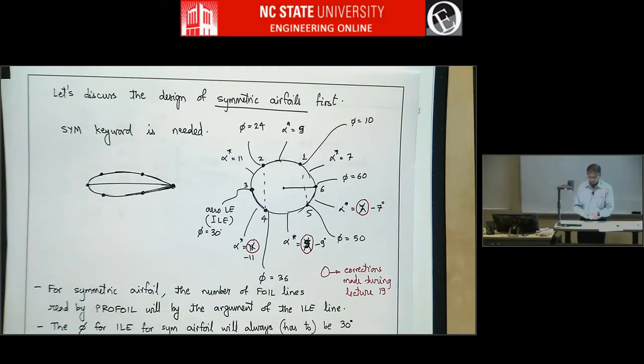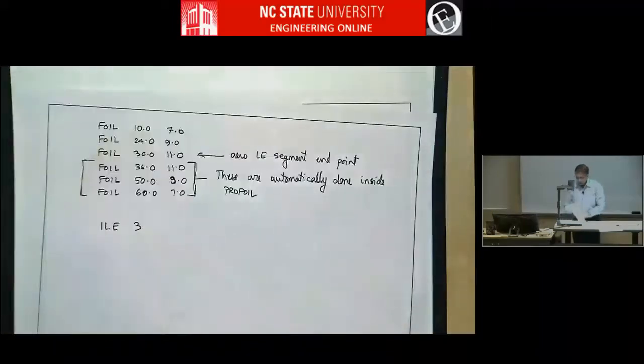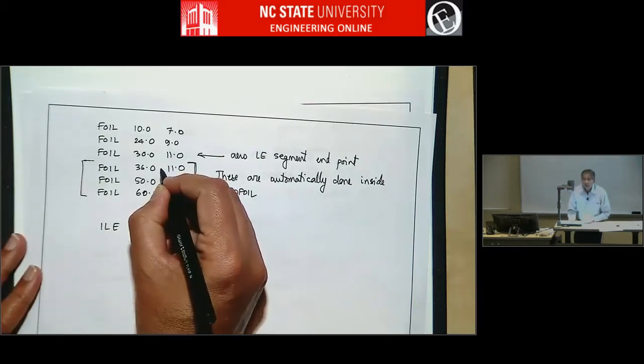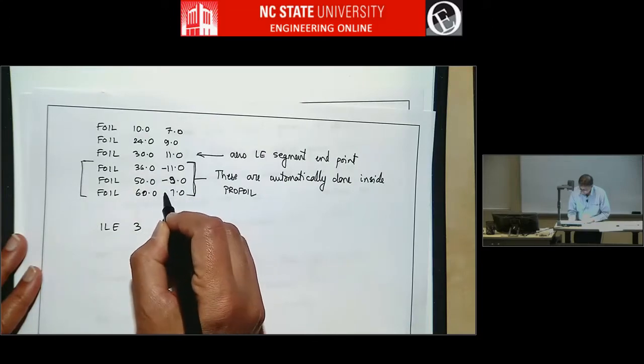If you have a symmetric airfoil, if this segment at 4 degrees becomes flat velocity distribution, on the lower surface it will have to go to minus 4 for it to become flat. So it's got to be minus 7, minus 9, minus 11. And like that, these segments will be minus 11, minus 9, minus 7.